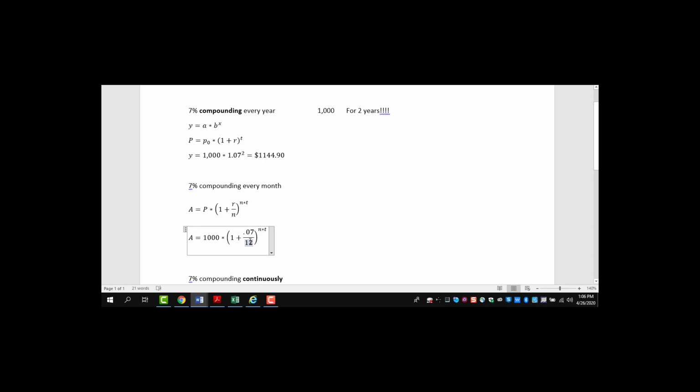So I'm not going to get 7%. I'm going to get 1/12 of 7% every month. And this is 12 months, and that is 2 years. Now you can try putting that in your calculator and see what you get. And I'm getting 1149.81.